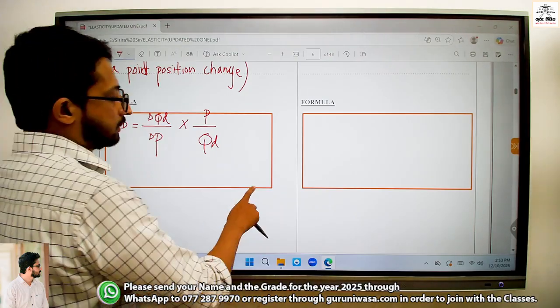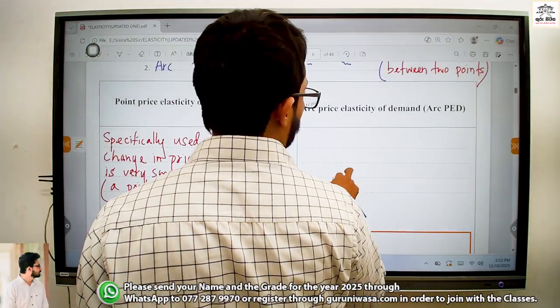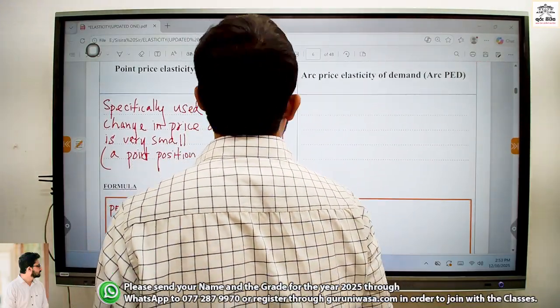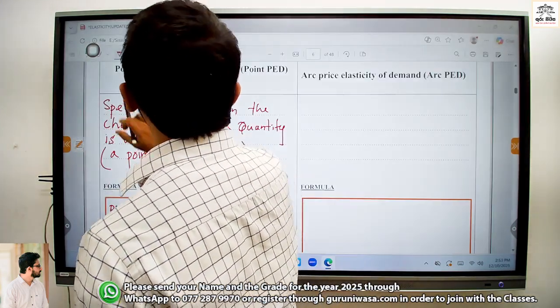Next point, write down arc price elasticity.